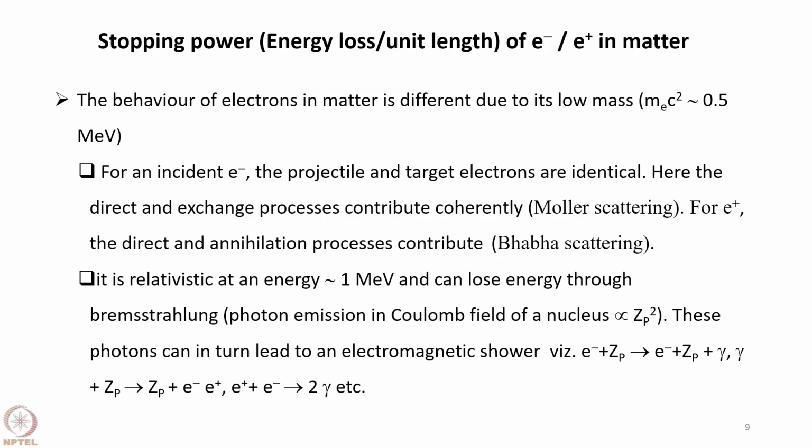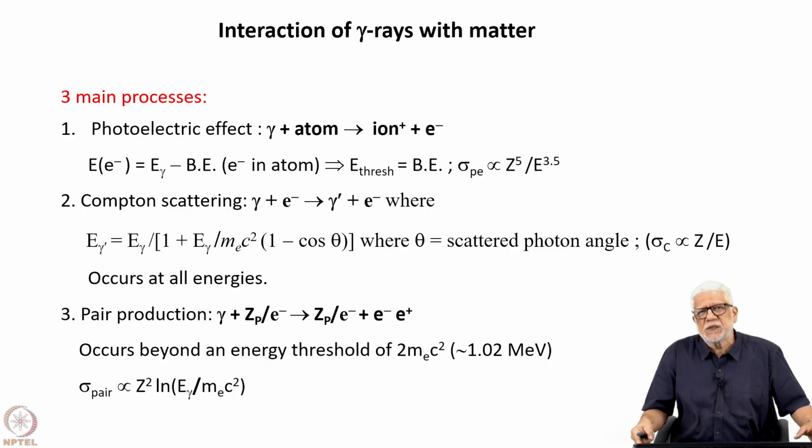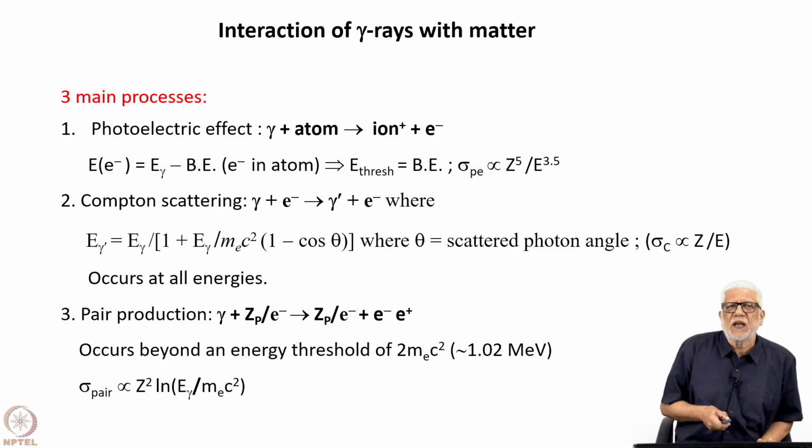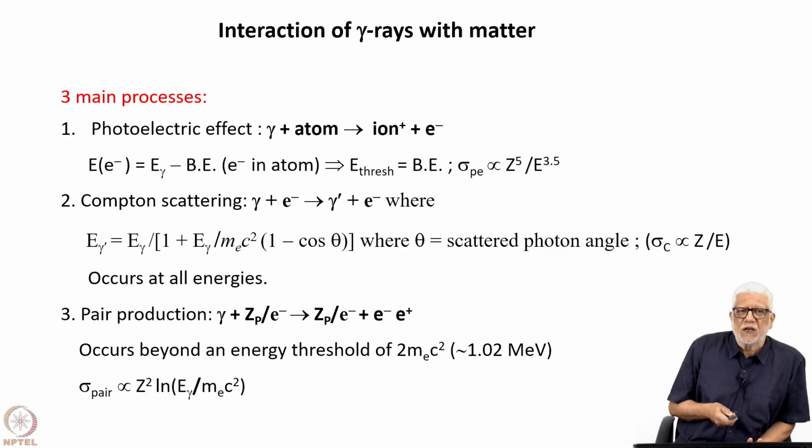Okay. Now, how do gamma rays interact? Well, gamma rays are quite interesting. Electromagnetic probes are some of the cleanest probes that we have of matter, of nuclei, of particles, processes, and so on. So, gamma rays interact with matter in three different ways. One is the photoelectric effect, where a photon interacts with an atom to produce an ion, a positively charged ion, and an electron.